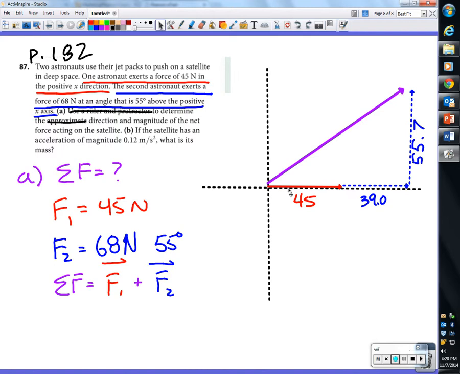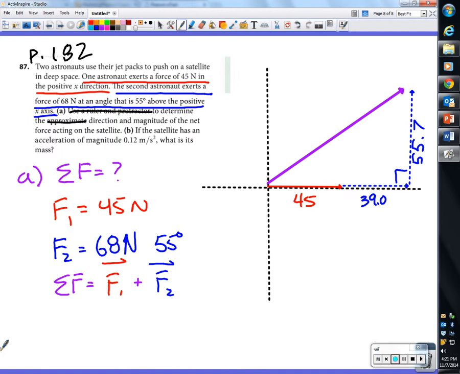Just like we did before, now, knowing that the x component of vector 2 and the y component of vector 2 are perpendicular to one another, now we have a right triangle.